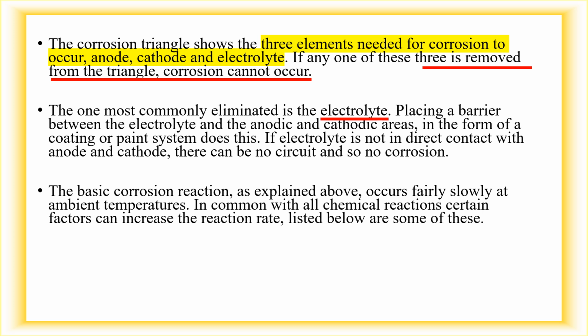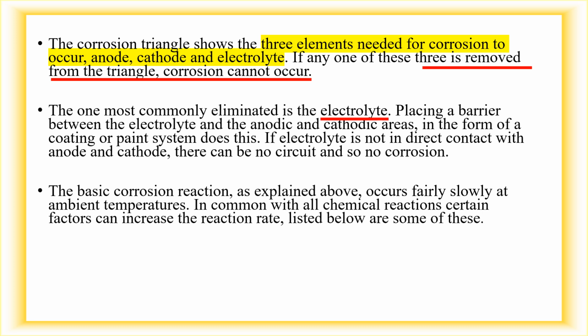The corrosion triangle shows the three elements needed for corrosion, that is anode, cathode and electrolyte. If any one of these is removed from the triangle, corrosion cannot occur. The most commonly eliminated is the electrolyte, by placing a barrier between the electrolyte and the cathode and anode in the form of a coating or painting system.